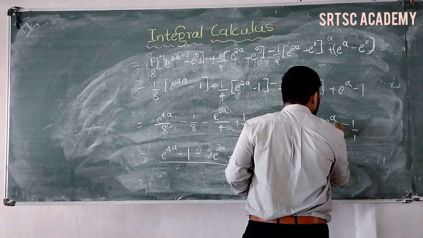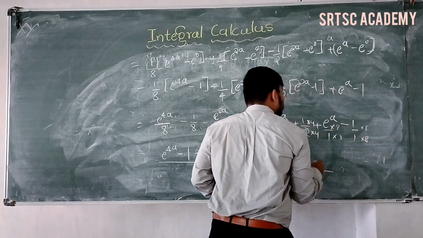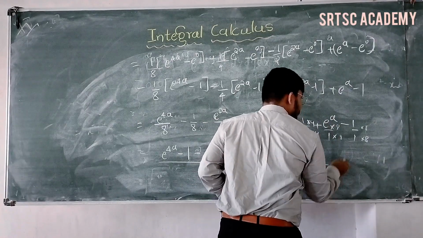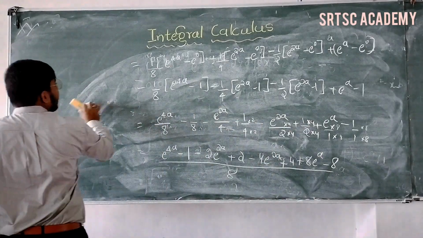We multiply both denominator and numerator by 8, that is 8e^a minus 8, right? We have to simplify that, then we will get the final answer.